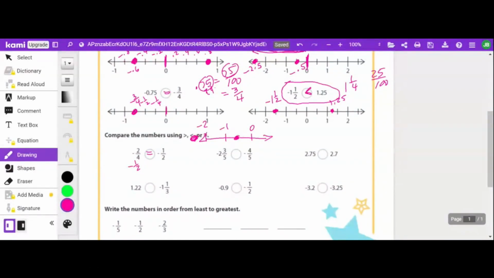So the negative 2 3/5 is further out on the number line, further to the left. So which one of those is the smallest?